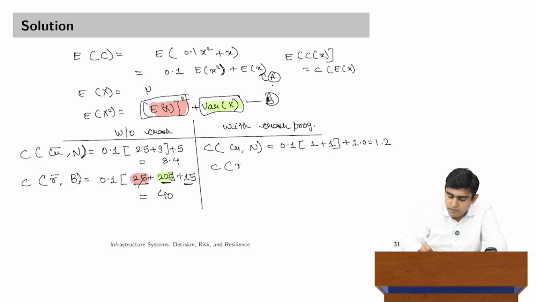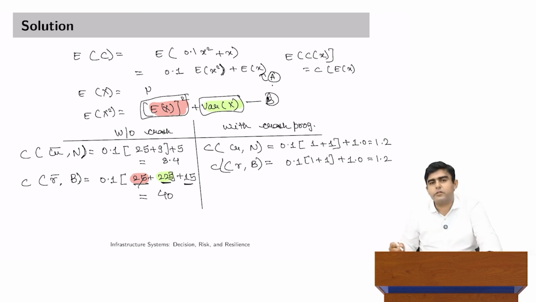Similarly, cost of crash program when bad weather is given, excluding the cost of program itself, but only in terms of delay, again comes out to be 0.1 into 1 plus 1 plus 1, based on the parameters that have been given to you. You can always argue that how the delays even with crash program can be same when weather is bad or weather is good. But this is where prior information analysis has its limitations.